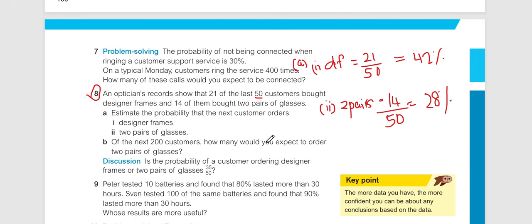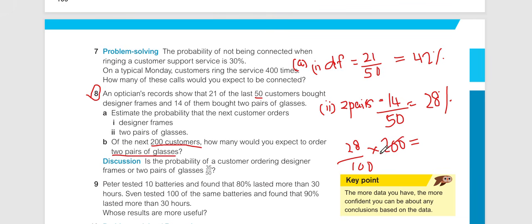Now using the relative frequencies we found here, they are asking us to find for the next 200 customers, how many would you expect to order 2 pairs of glasses? So which frequency should I use from these two? 2 pairs one, right? 28%. So using 28%, which is 28 upon 100, I have to multiply this by 200.